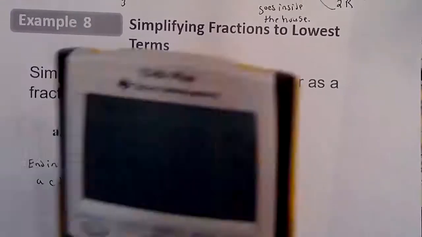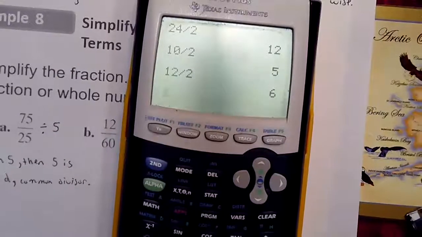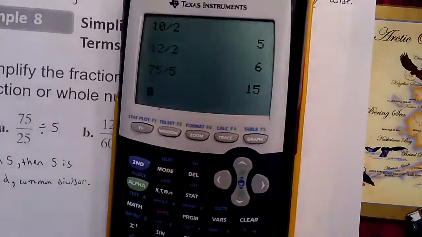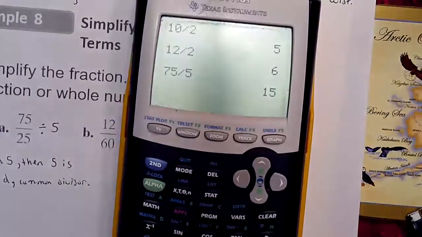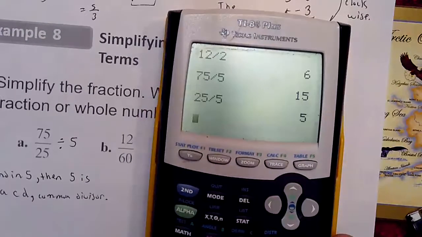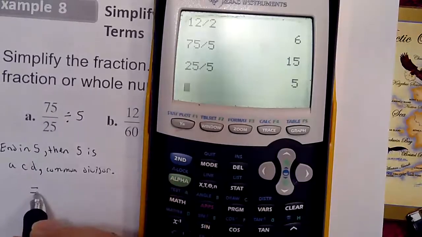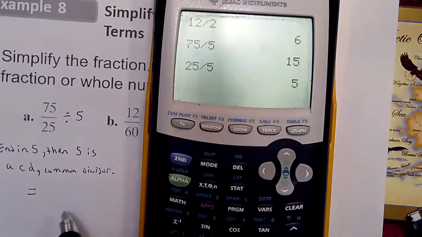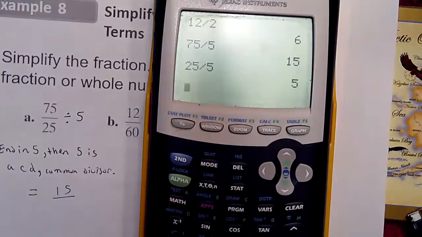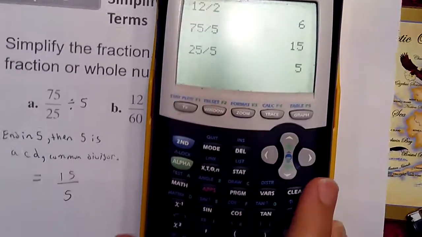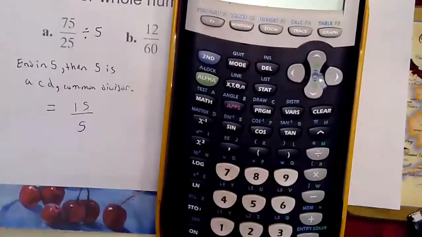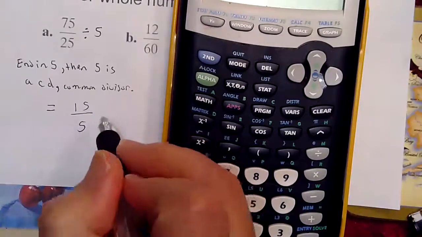So if I do 75 divided by 5, that's 15. And if I do 25 divided by 5, it looks like it's 5. See that? So if I write that here, 75 divided by 5 was 15, 25 divided by 5 was 5. Now this can be simplified.